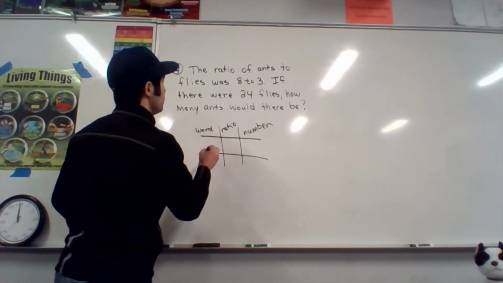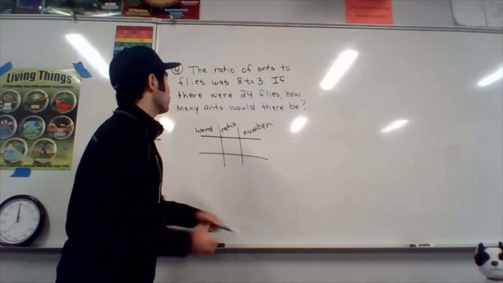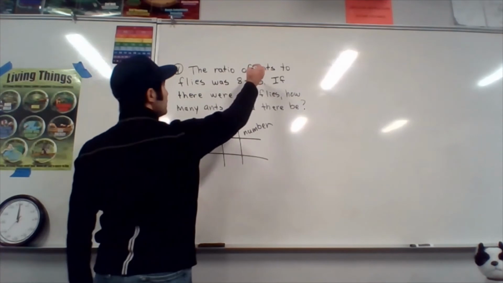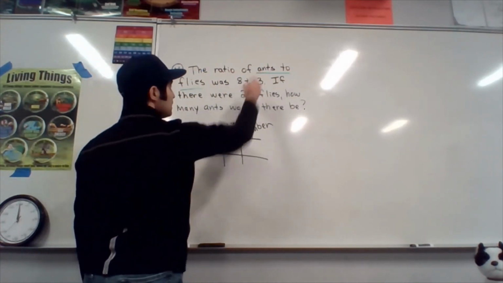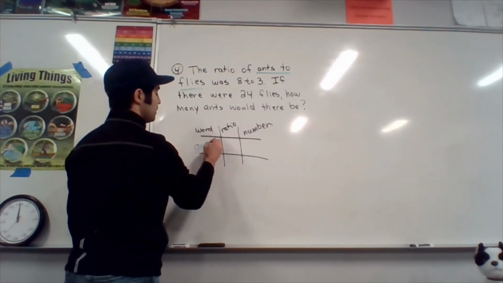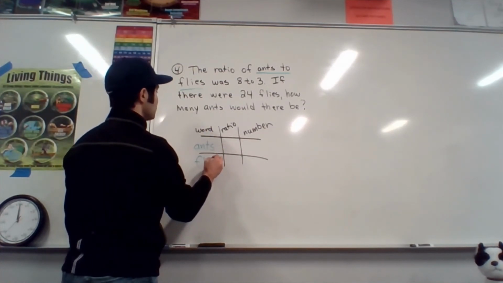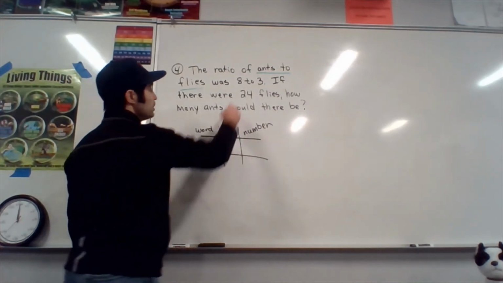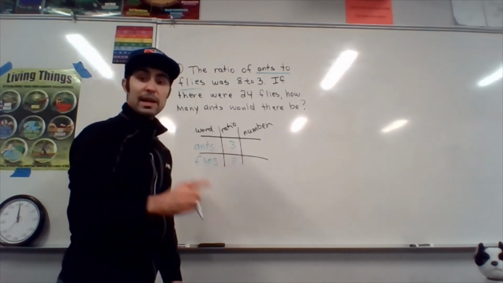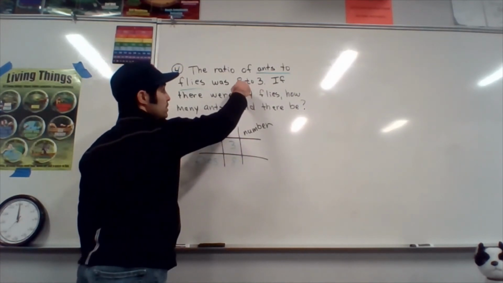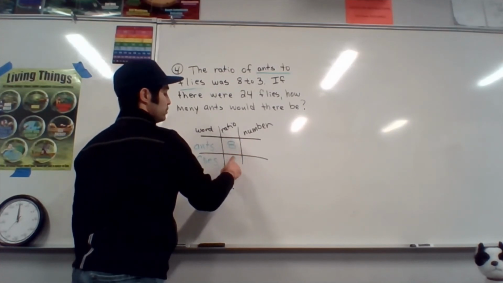Okay, your word ratio. And let's get a different color. This might be easier if I use green. The word ratio is ants to flies. So since ants comes first, that goes on top. Flies comes second, that goes on bottom. Your ratio of this is 8 to 3. Whatever comes first goes on top. So that's really 8 to 3.